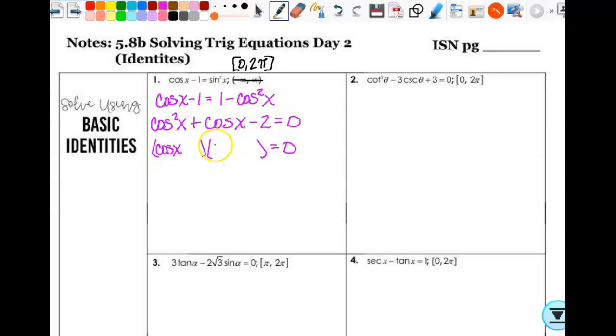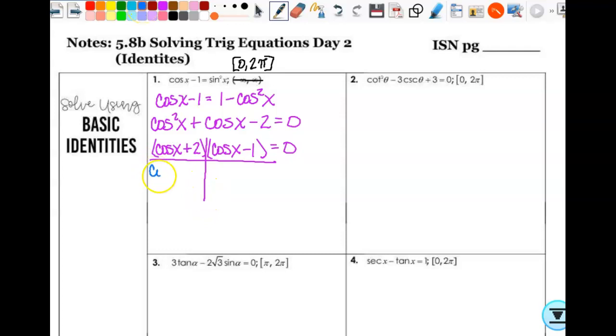Cosine x, and then what are my numbers? Close. Positive 2 and negative 1.